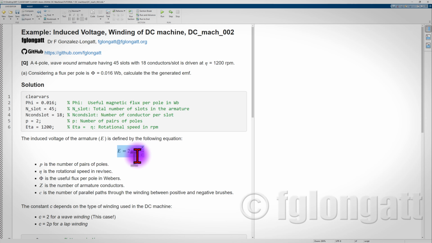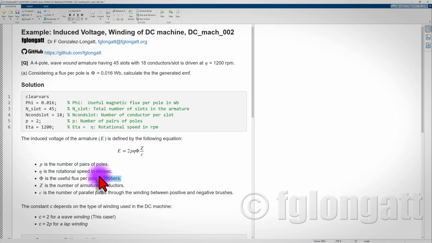I already explained the details of this equation in the previous video, DC machine 001. On the left-hand side, we obtain the induced voltage in the armature in volts. On the right-hand side, you can see the different terms: the number of pairs of poles, and the rotational speed, but be careful because the rotational speed must be introduced in this equation in revolutions per second.